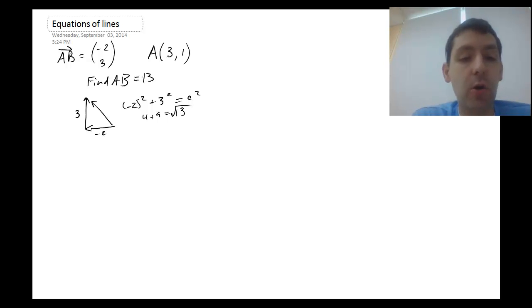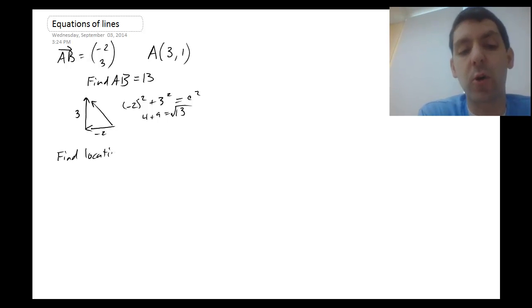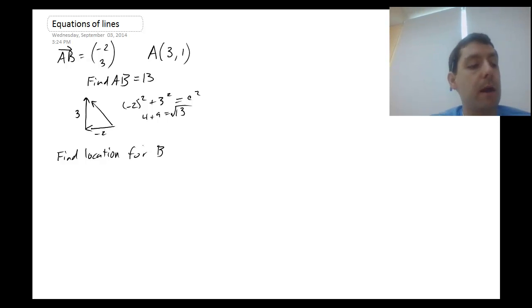All right, now that we know the magnitude, let's see if we can find the location, or the coordinates, for point B. There's a couple of different ways we can go about this.